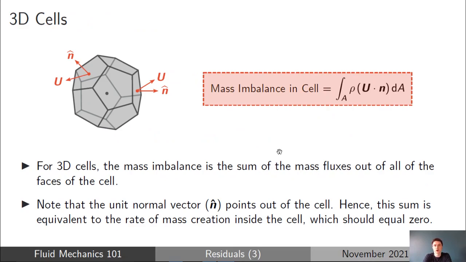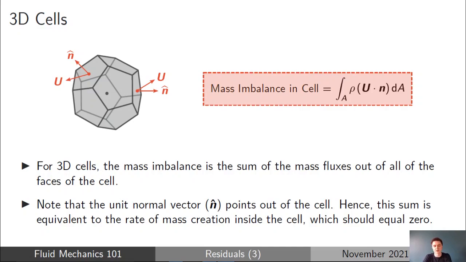Of course, for more complicated cells, if we're in 3D and maybe we've got tetrahedral cells or polyhedral cells, the process of calculating the mass imbalance for a particular cell is exactly the same. All we do is calculate the mass flowing out of each of the faces of the cell, and any mass flowing in, of course, will be a negative mass flux out. If we integrate or add up all of those mass fluxes for all of the faces of the cell, that gives us the net mass imbalance for a particular cell.